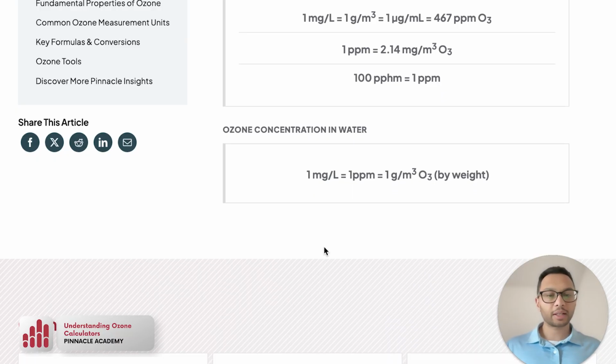And then finally, a lot of times people are talking about milligrams per liter or ppm. It's a 1-to-1 ratio, so you should just know the units that you're using. But it's good to know that milligram per liter and ppm are similar words that are used, but it's the same value in terms of 1 milligram per liter is equal to 1 ppm.